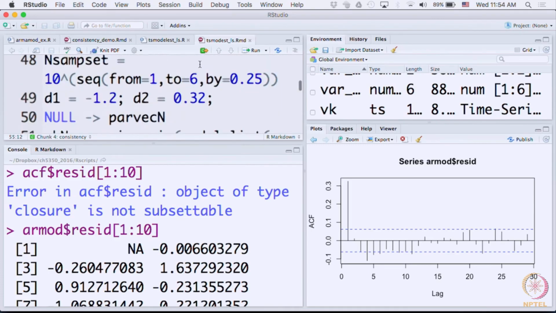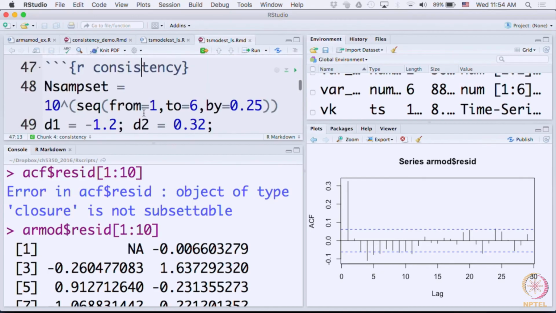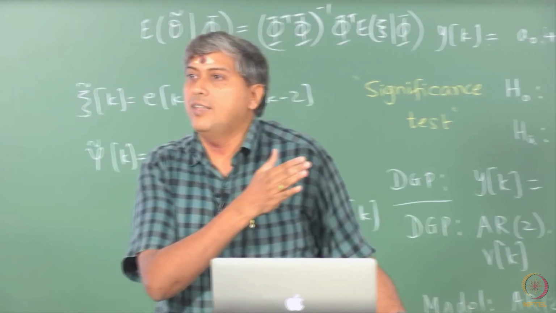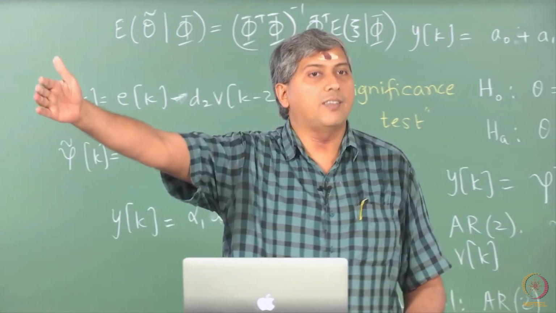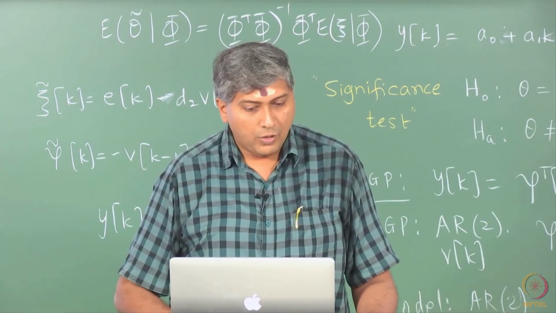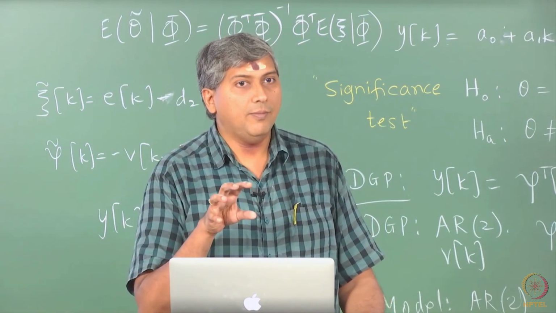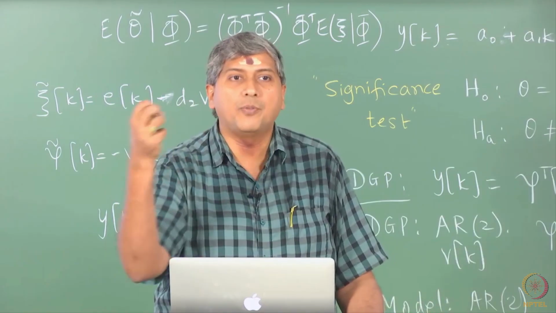In this chunk of code I am showing consistency. I am generating only a single realization now. Remember, consistency looks at how the theta hats behave as you change the sample size. So I am generating data of a big size, but only taking subsets of it.